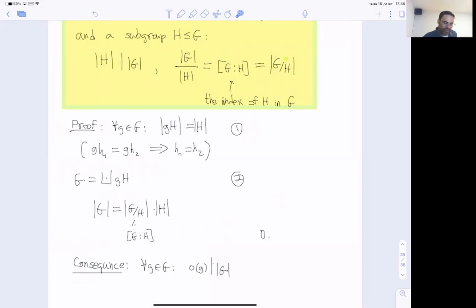Because the order of an element is the number of elements in the group that it generates. You remember that? The order means how many distinct powers you have until you get back to e.